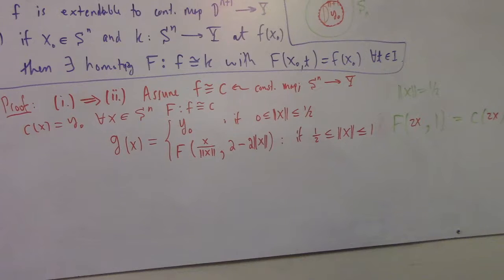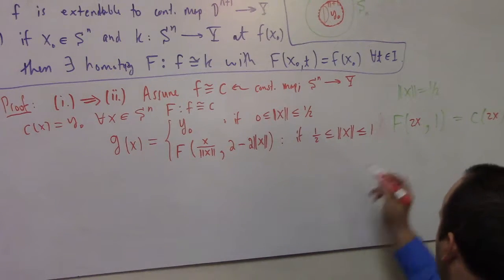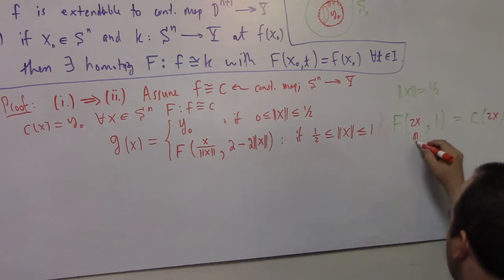You sure 2x is an element of S^n? If the norm of x is 1/2, the norm of 2x would be 1. So it would be on the sphere. Very good. That makes perfect sense now that I think about it. Okay, so this is an element of S^n.